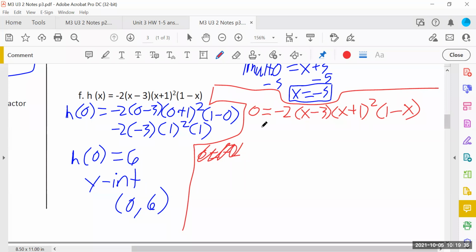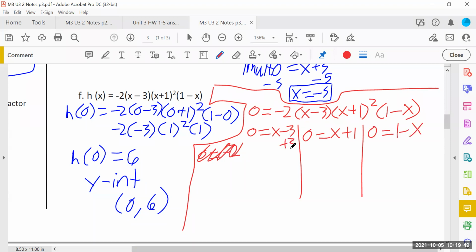But the other ones, 0 equals x minus 3. 0 equals x plus 1. 0 equals 1 minus x. I can solve each of those. Add 3. 3 equals x. Subtract 1.